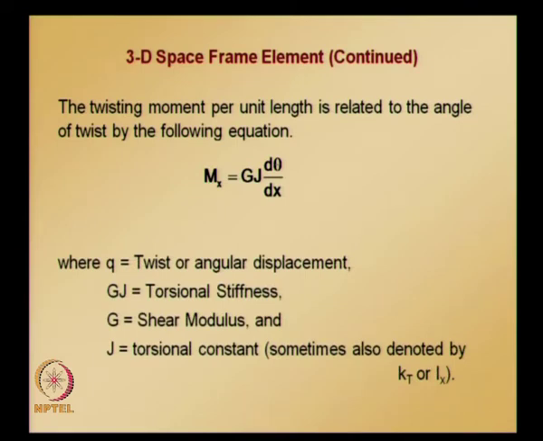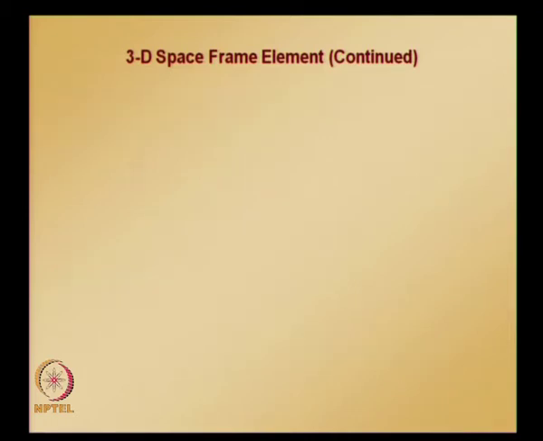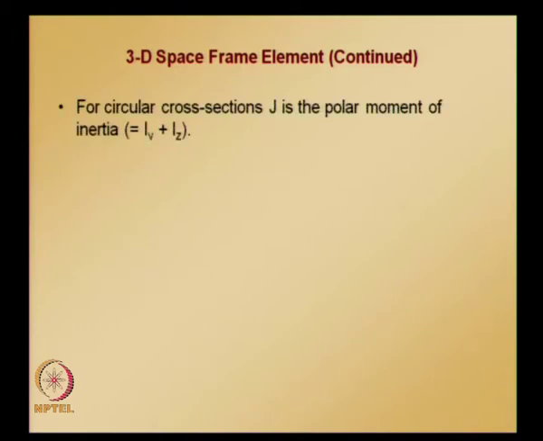by Kt or Ix. For this J value for various cross sections you can refer to any standard handbook, but for simple cross sections you must have already learned these things in your mechanics of materials class.